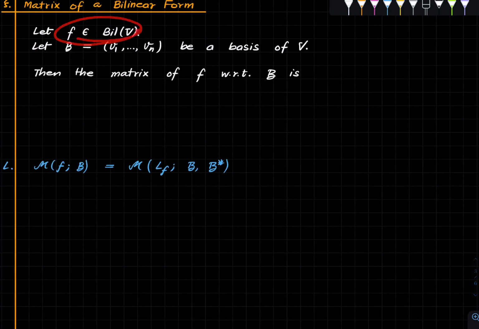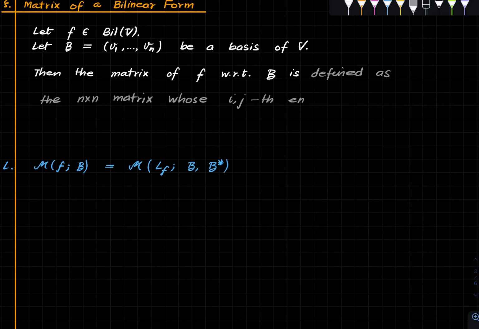So fix a bilinear form on a vector space V and let B be a basis, V1 up to Vn, on the vector space V. Then the matrix of F with respect to the basis is defined as the n cross n matrix whose ijth entry is this guy.